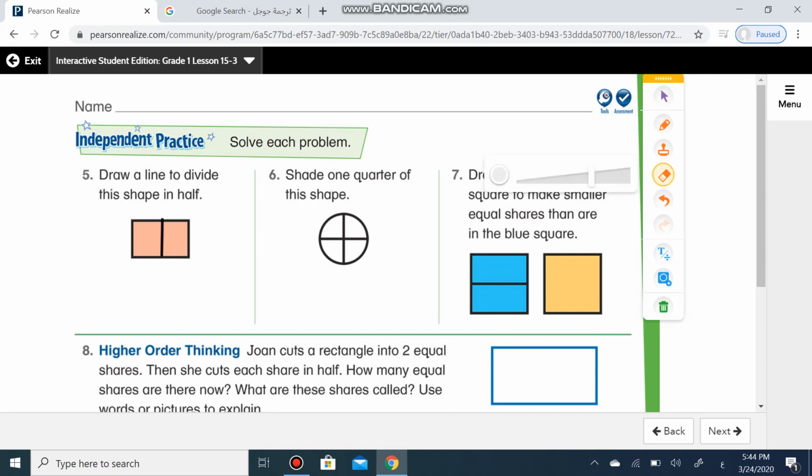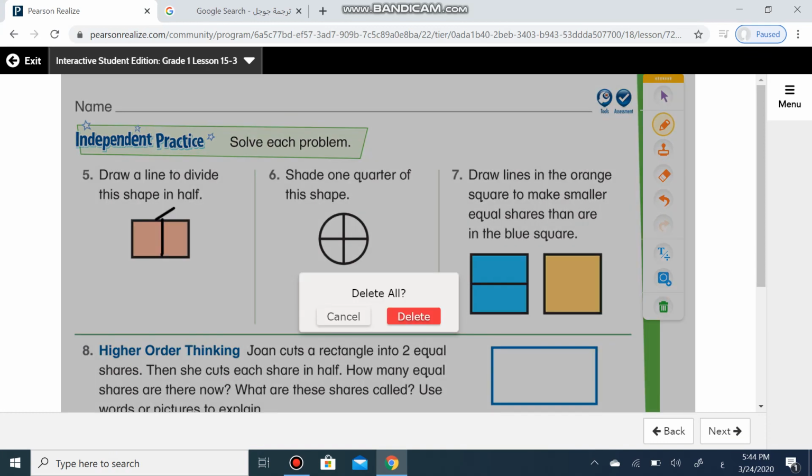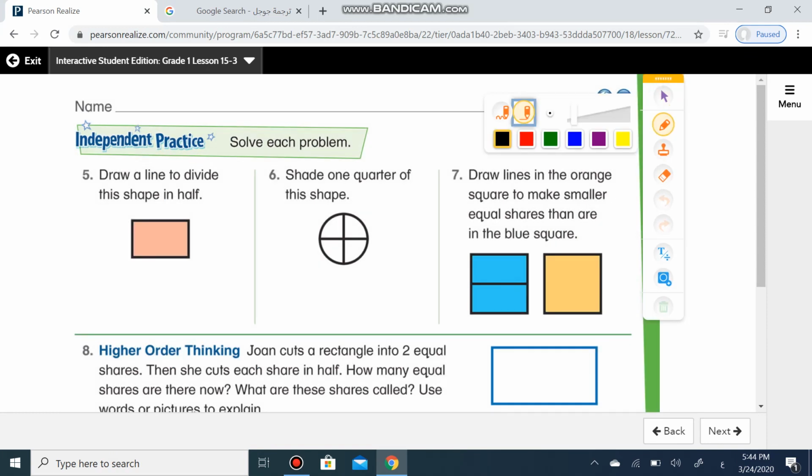They are not equal. Shade 1/4 of this shape. Yes, I want to color how many shares? Only 1, because I want to shade 1/4.